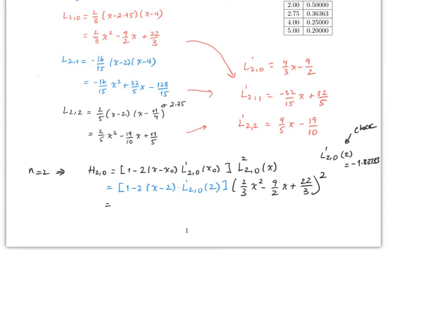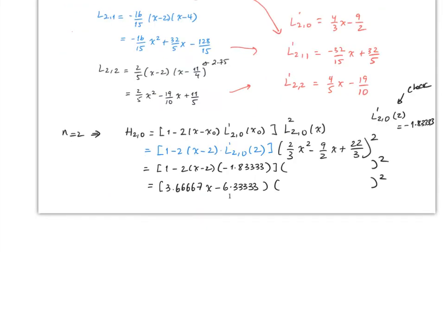Then if you plug it in, this will be 1 minus 2(x minus 2) times negative 1.83333, and this one stays the same. Once you simplify everything, this will give you (3.66667x minus 6.3333) times the Lagrange polynomial squared.